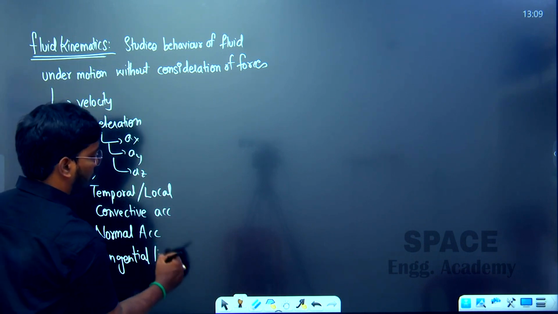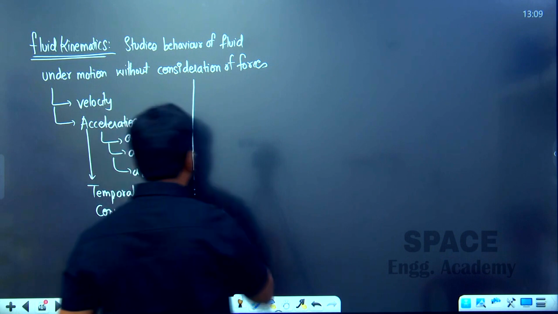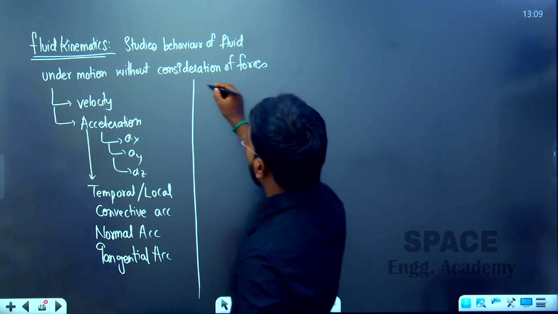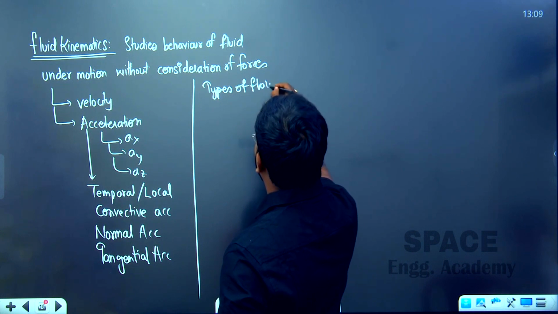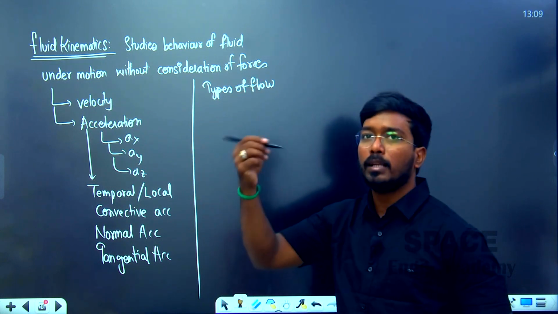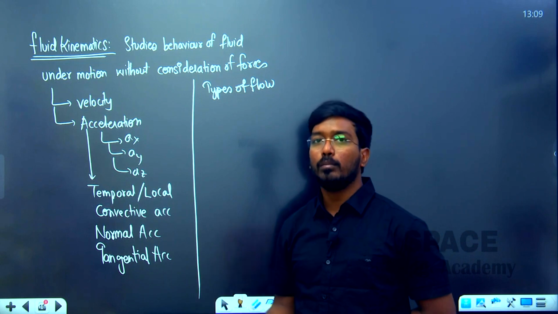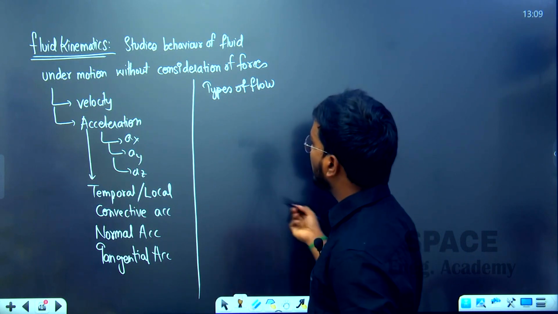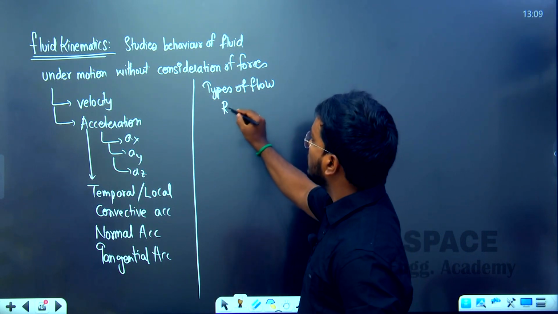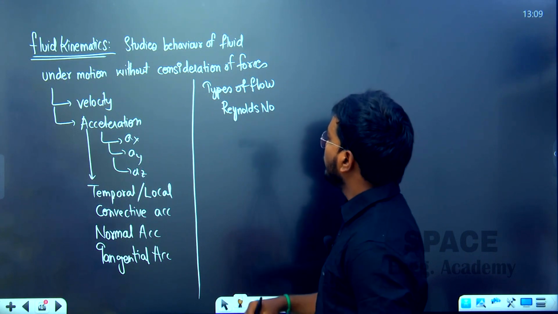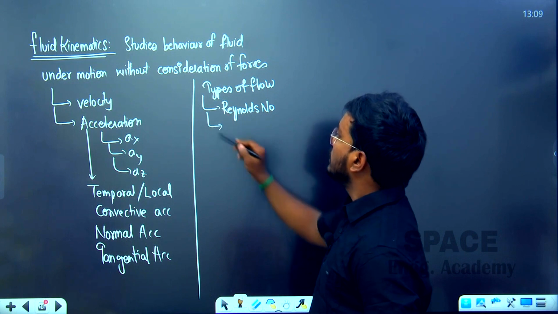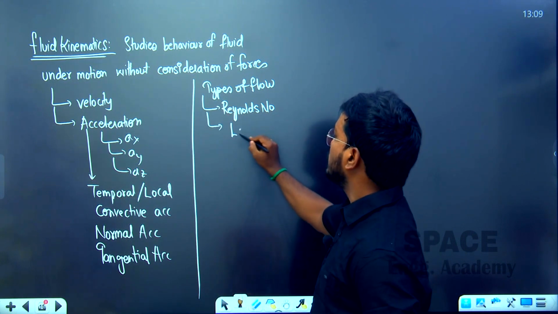Then we need to discuss types of flow: steady flow, unsteady flow, uniform flow, non-uniform flow, one dimensional, two dimensional, three dimensional, laminar, turbulent. When we discuss laminar and turbulent, we also need to discuss the Reynolds number, a non-dimensional number.